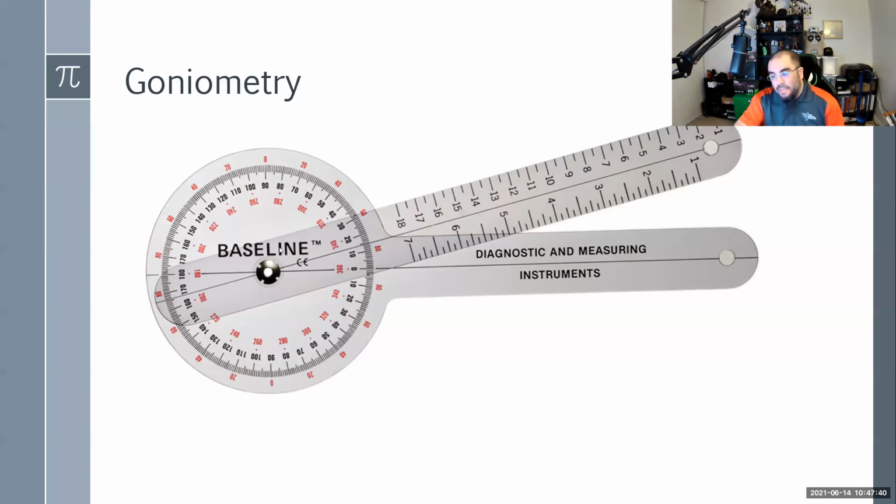But the point of this is, when we talked about goniometry, all the goniometry is going to have a fixed arm, which is what we're measuring off of, and a movement arm, which is the bone we're actually using for our measurement. So like in the case of shoulder motion, right? A lot of times our fixed arm is going to be aligned with our trunk. Our motion arm is going to be aligned with our humerus, because the humerus is the part moving, right?